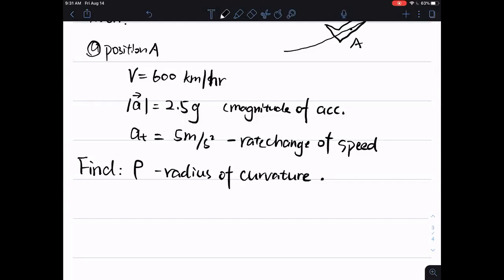All right, so what? We learned 3 coordinate systems: Cartesian, path, and polar. Let me tell you, you want to use one of those coordinate systems for this problem. Which one would you pick? If you think it's path, raise your hand. If you think it's polar, raise your hand.